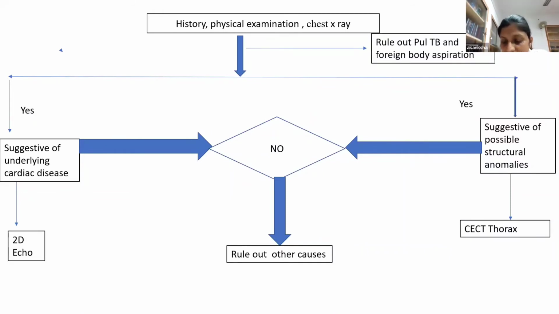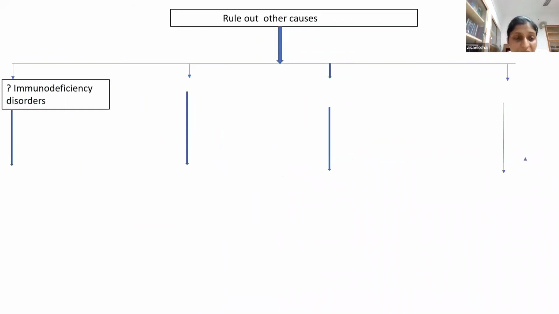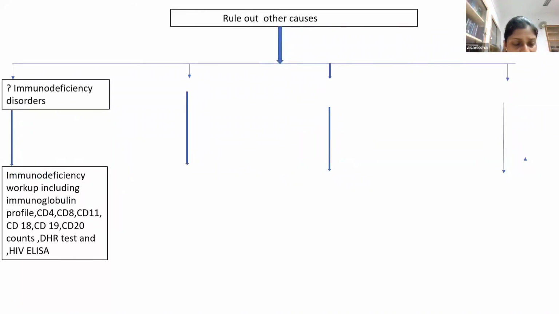If none of these causes were present, then if there was suspicion of underlying immunodeficiency disorder, immunodeficiency workup was done, which includes immunoglobulin profile level, B subset, T subset analysis, and dihydrorhodamine test for granulomatous diseases, and HIV ELISA to rule out HIV infection.